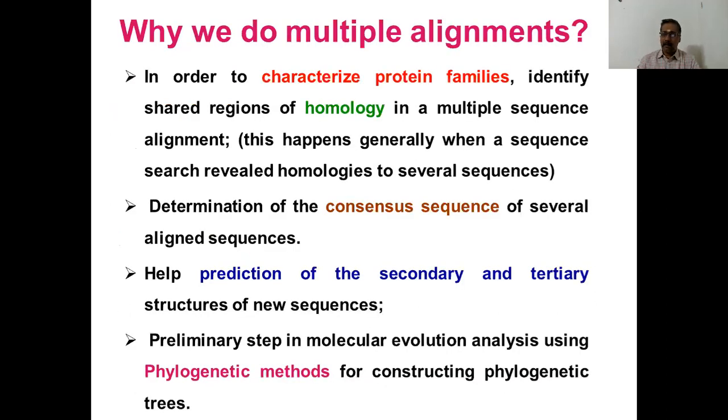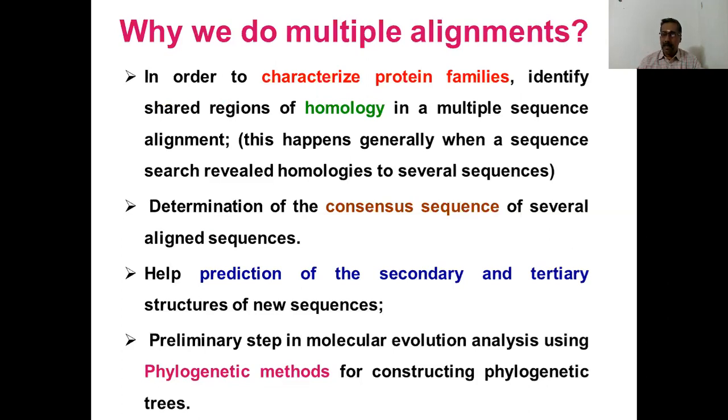What is the application scope of multiple sequence alignment? You want to characterize protein families. That is impossible with the help of pairwise alignments. Using Needleman-Wunsch and Smith-Waterman, you can align sequences only pairwise. Out of that, you can comment about only identity or similarity. You can comment about homologous or orthologous or xenologous. Only this much information can be inferred with the help of pairwise.